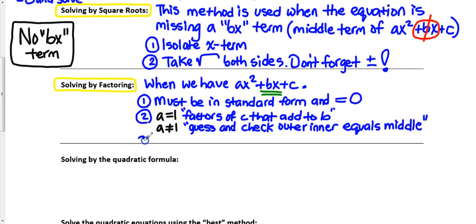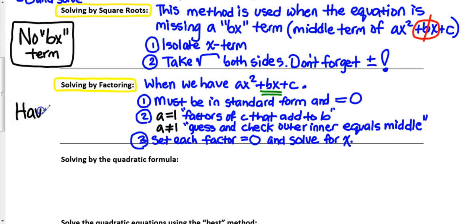Once we have factored, set each factor equal to 0 and solve for x. So in summary, off to the side, for when do we factor? When we have a middle term.